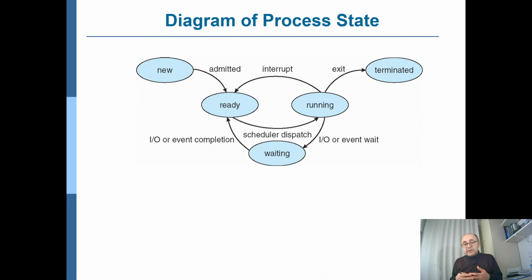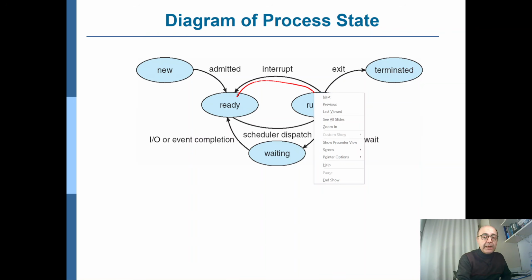So in time sharing systems, we're sharing the time, and each is given a small portion of the time. So you're given the CPU, say for 10 milliseconds. In 10 milliseconds, you run as many instructions as you can. But when the 10 milliseconds timer expires, your process will be interrupted with a timer interrupt, which will cause your process to go from the running state back to the ready state.